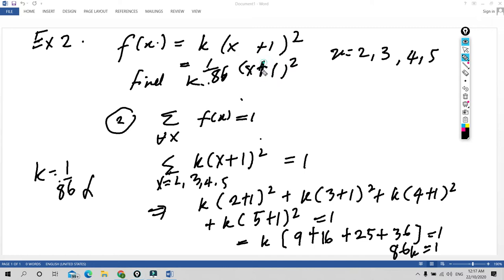This is how we solve for the value of k given the discrete probability function.